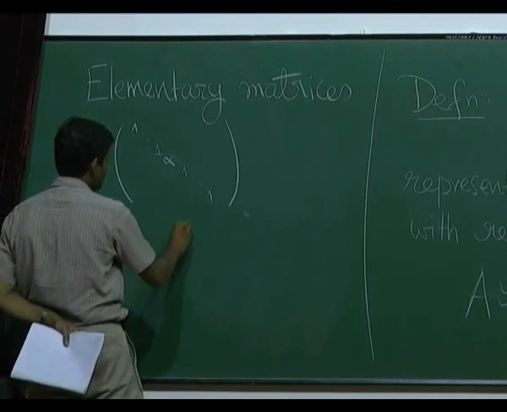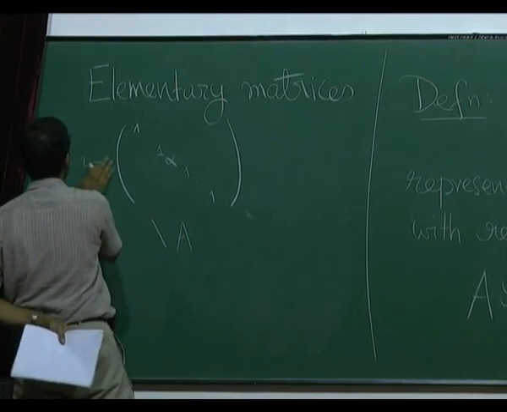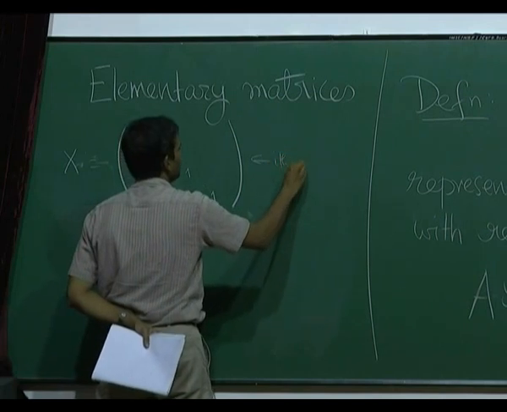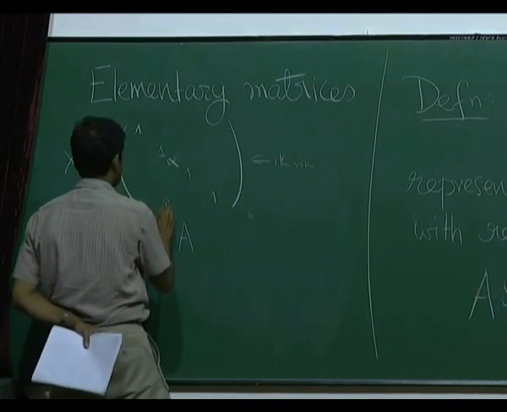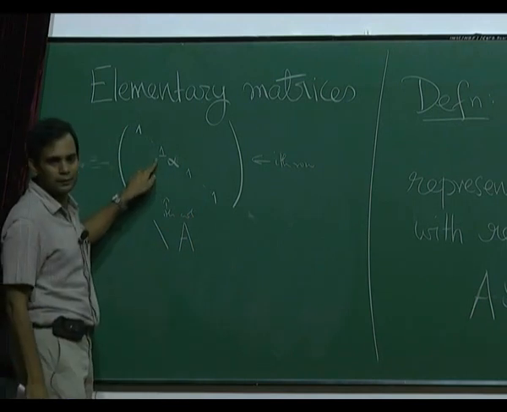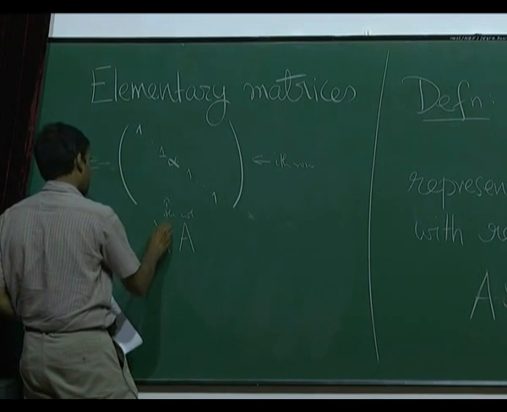Suppose you have a matrix A and you multiply it on the left by this matrix, let us call it X. This is the ith row and this is the ith column. This alpha is in the (i, i)th place.